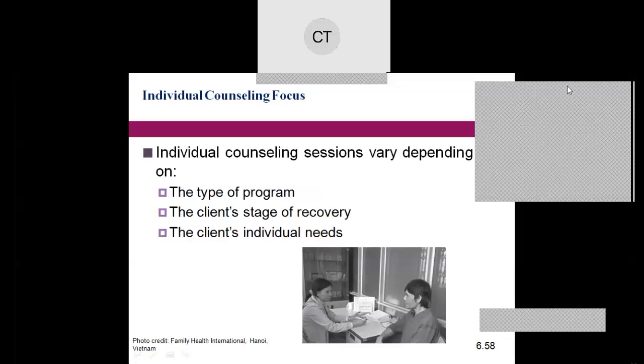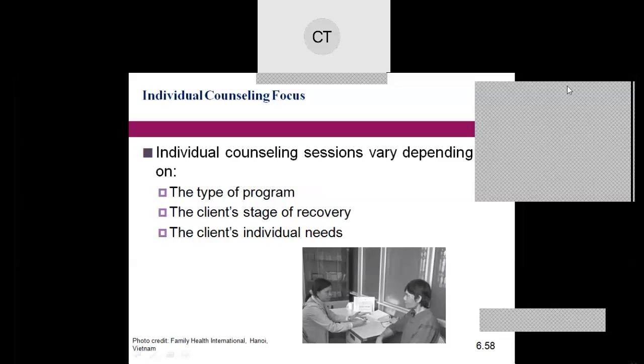Individual counseling sessions vary. It depends on the type of program we are giving, what stage of recovery the client is in, and the client's needs. So we cannot just say this is the criteria for individual counseling. Individual counseling is tailored in accordance with the needs of the client, where he is. If a client is in a pre-contemplative stage, the individual counseling may be different.